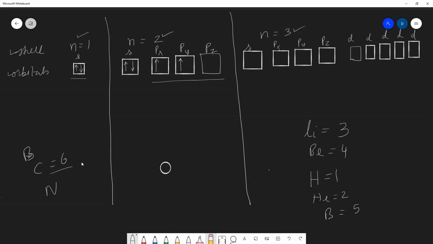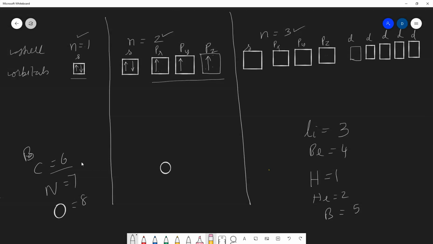Next is nitrogen, which has got 7. Again, the next electron will not go here or here. It will first see, is there any free orbital? Yes, it will always go there. Next, after nitrogen, oxygen has got 8. Now all these 3 orbitals have got single electrons.